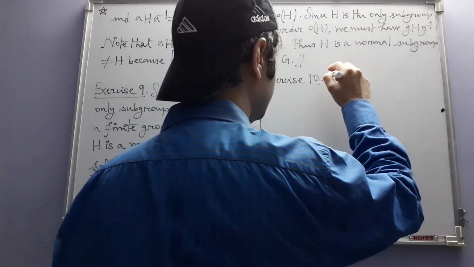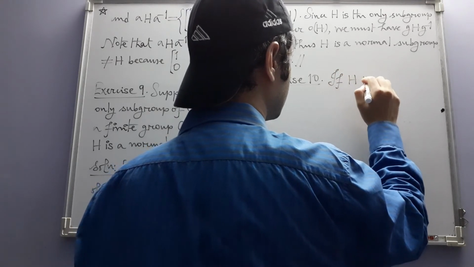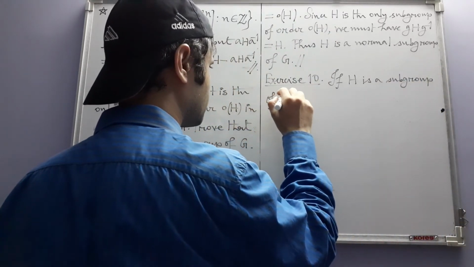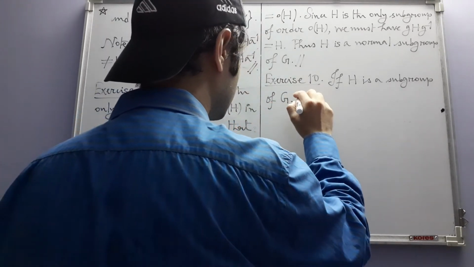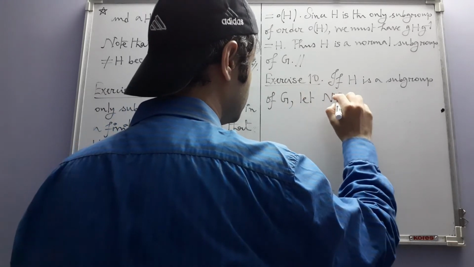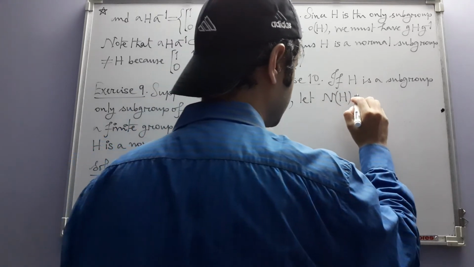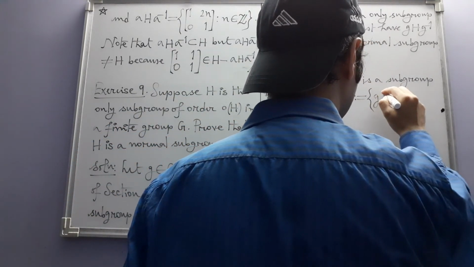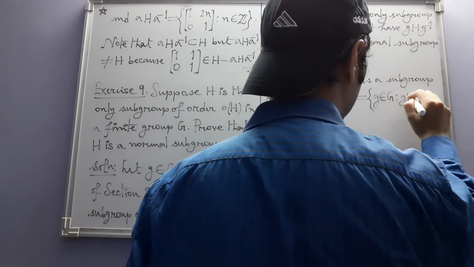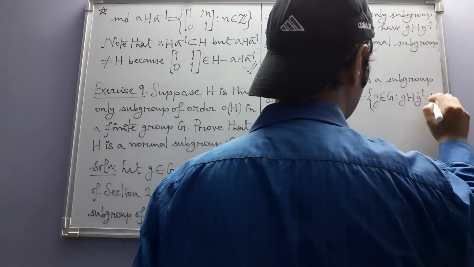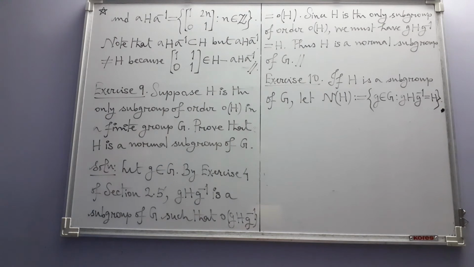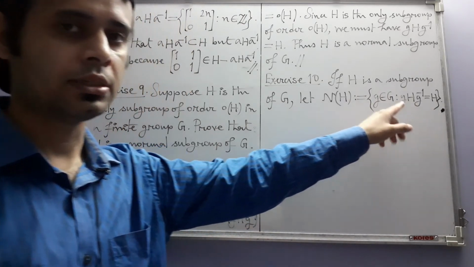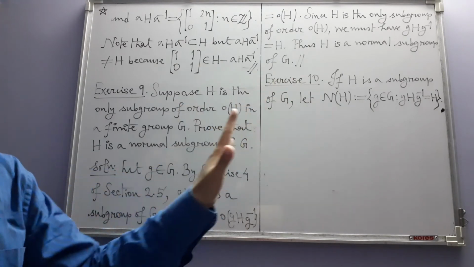If H is a subgroup of G, now we are going to define a new subset of G, and its definition will use the subgroup H. It is the set of those elements g in G such that g H g inverse is equal to H. That is, it is the set of those group elements for which this condition which appears in the definition of normality for a subgroup is true.